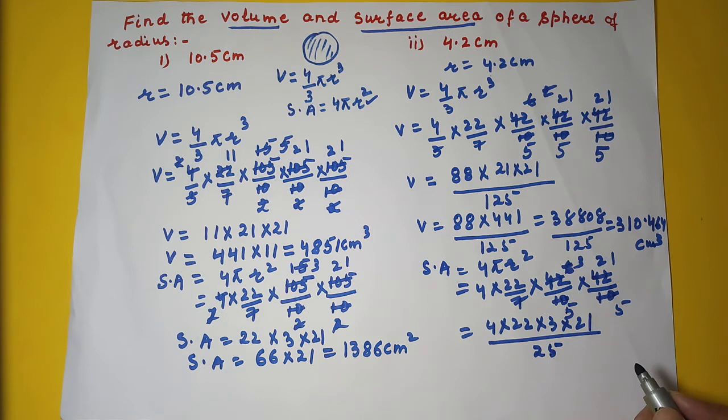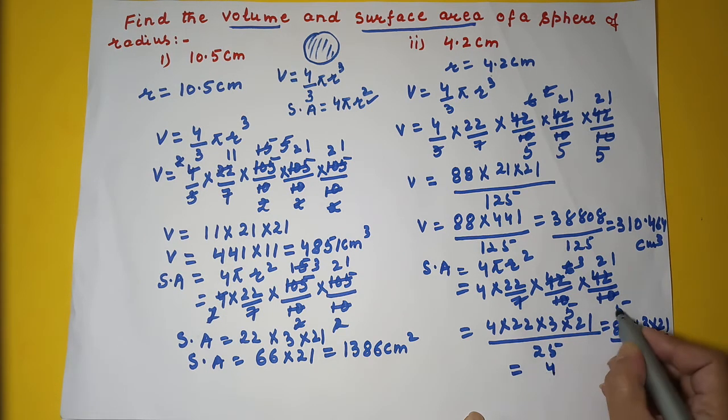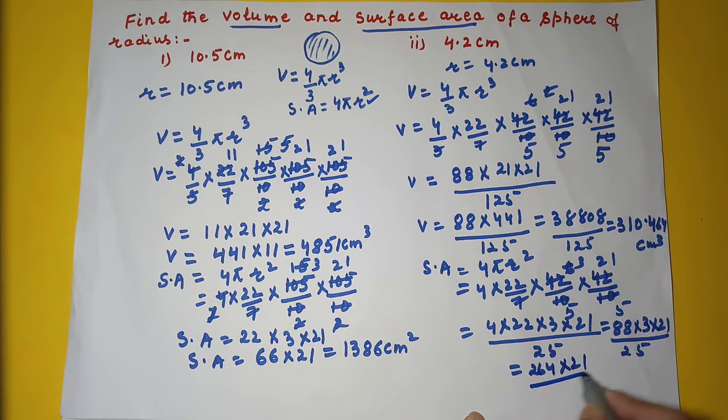Right? So this is 88 into 3 into 21 divided by 25. So this will become 8 3s are 24, 2 carry, 8 3s are 24, 26 into 21 upon 25, which becomes 221.76 centimeter square. Right? Okay.